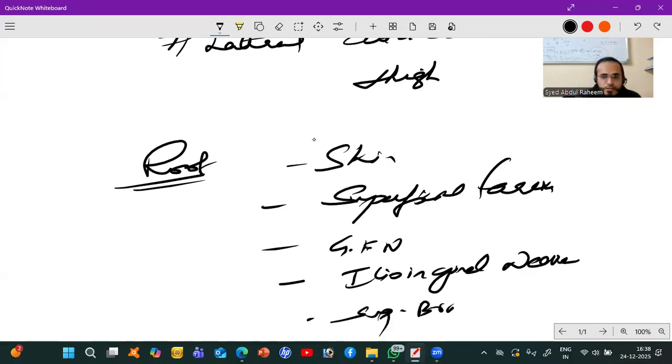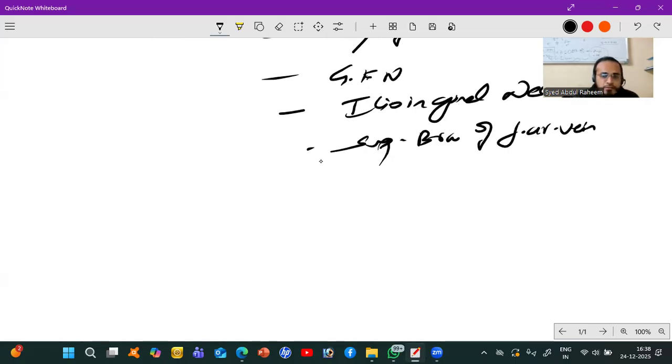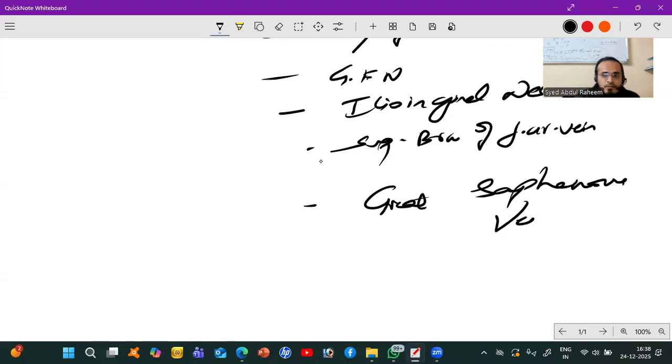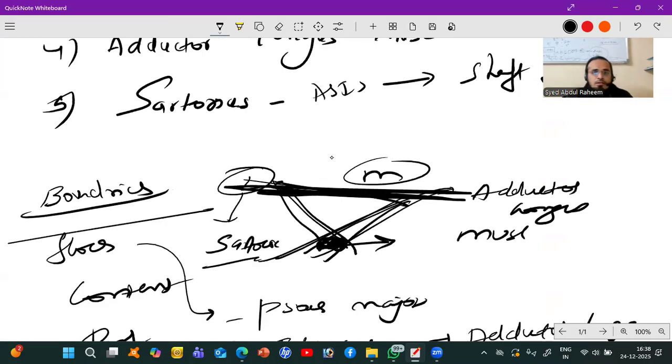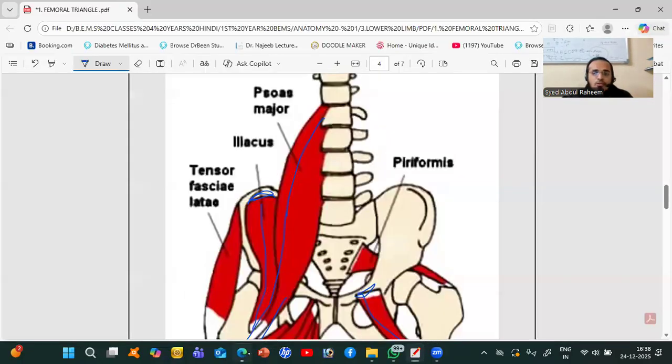Superficial branch of femoral artery and vein, and great saphenous vein. These are passing through the floor. Everything is content, floor, boundaries.